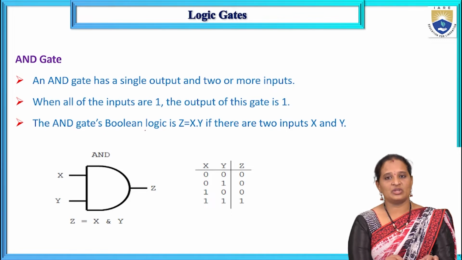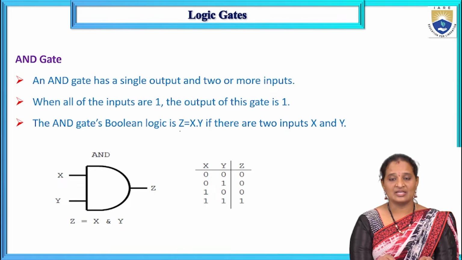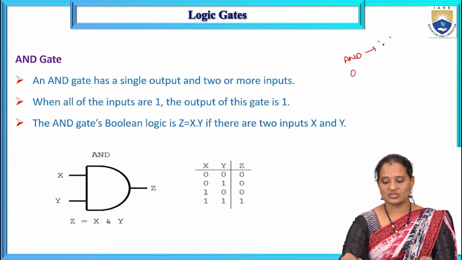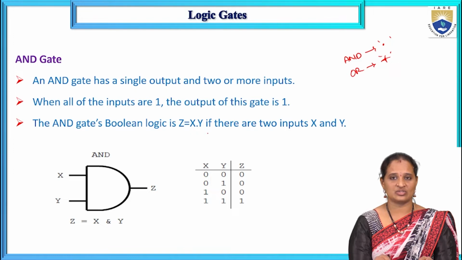The AND gate's Boolean expression can be written as Z equals X dot Y. As we all know, the AND operation is represented with the dot operator, whereas OR is represented with the plus operator. So the Boolean expression for the AND gate is Z equals X dot Y, where X and Y are the inputs.